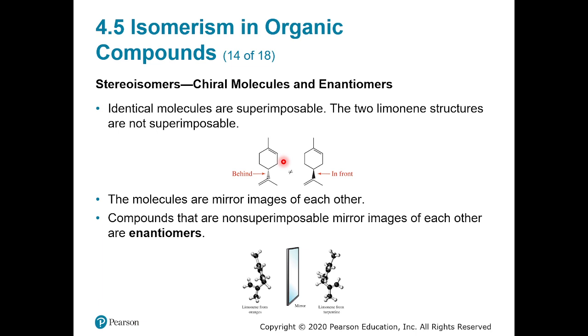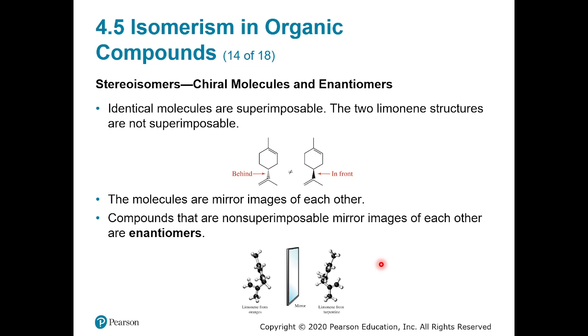And this is what chirality is named after. Chirality is named on the base word chiral, which is handedness. They're like our hands. So the compounds that are non-superimposable mirror images of each other are referred to specifically as enantiomers.